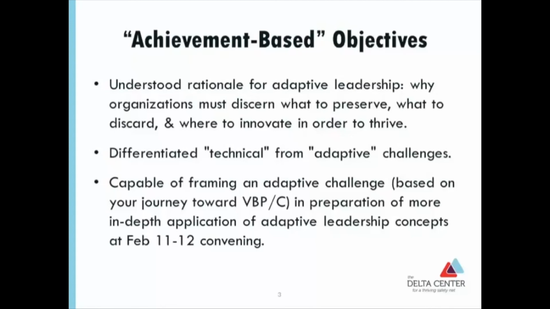And get a little more understanding about why organizations must start to look at what they should preserve, what they should discard, and where they might have to innovate in order to thrive. A little more about that later. You'll be able to differentiate a technical versus an adaptive challenge.